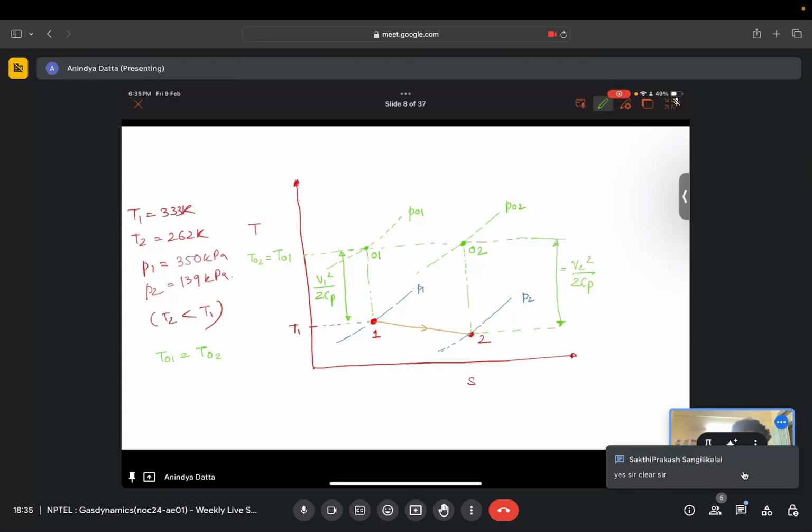We found out how to find stagnation conditions from static conditions, and static conditions from given stagnation conditions.